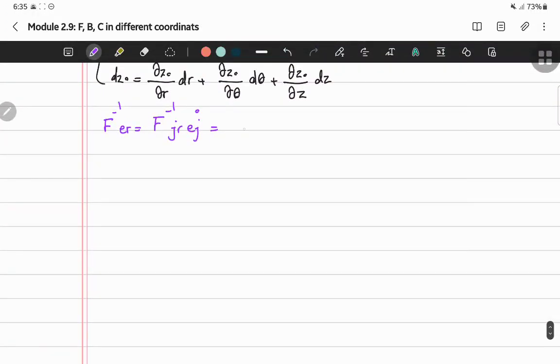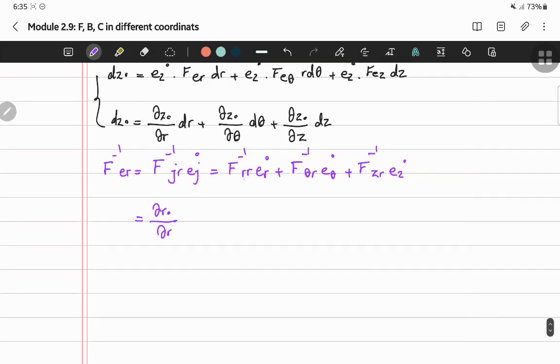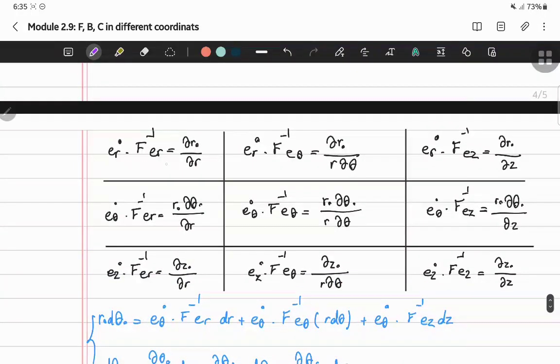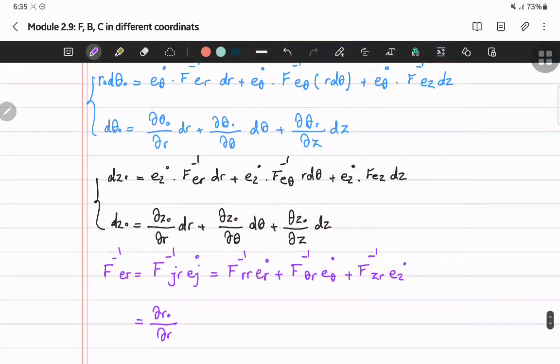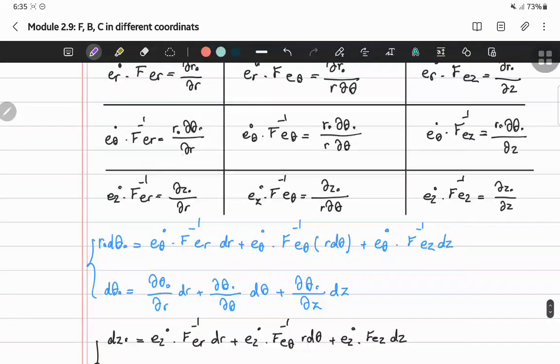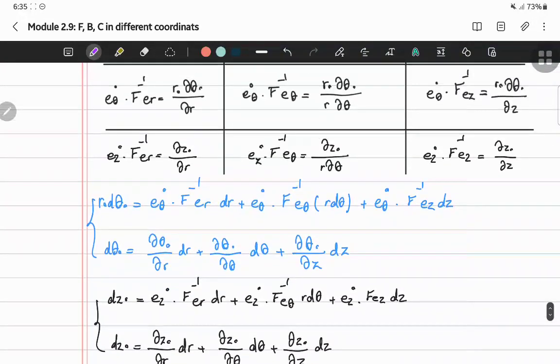So we have F inverse rr er0 plus F inverse theta r e theta 0 plus F inverse zr ez0. This is equal to the partial derivative of r0 with respect to r, because this is rr, rr is this one, then we have theta r, which is this one, and then we have zr, which is this one.